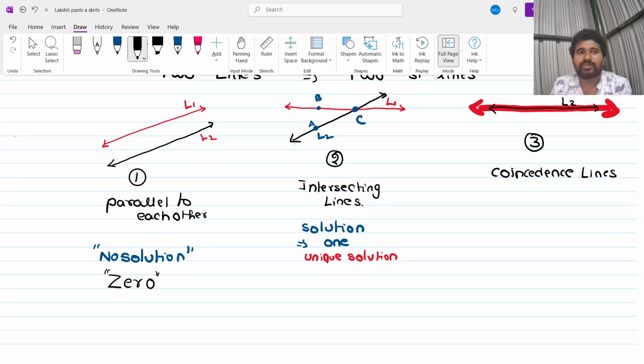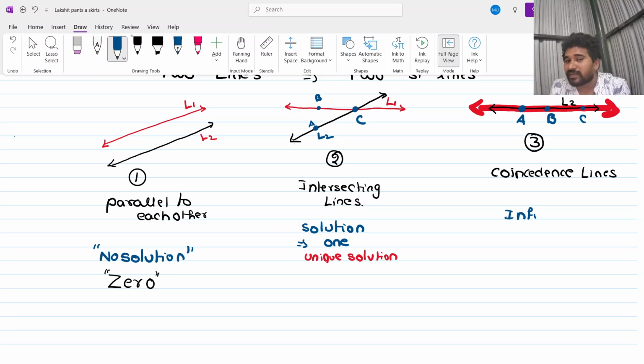Understood that now? Now, come to the coincident lines. When you observe coincident lines, I am choosing one point A. Is point A on both line 1 and line 2 or not? B point, C point, you choose any point. It is lying on both line 1 and line 2. So, how many common points are there?